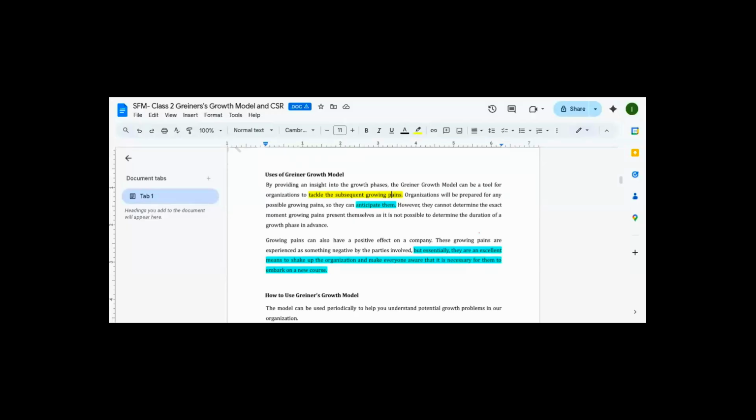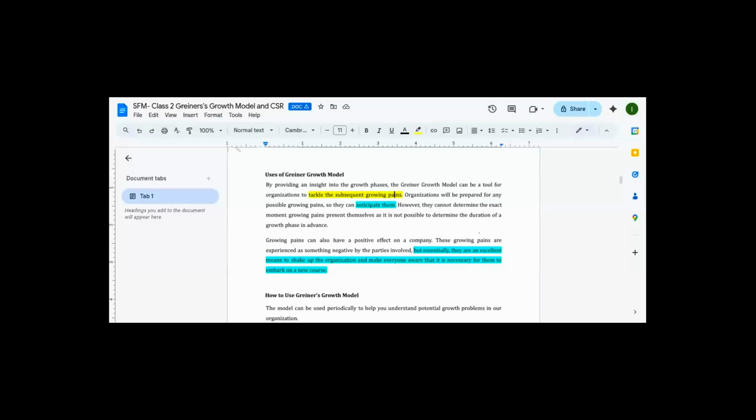That means it is very useful in resolving organizational conflicts. It helps in resolving crises that come with growth, crises within the organization, crises outside the organization.